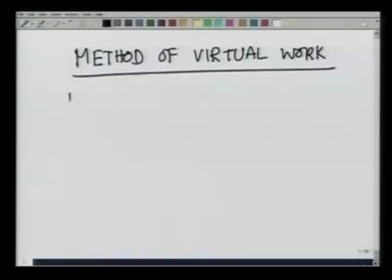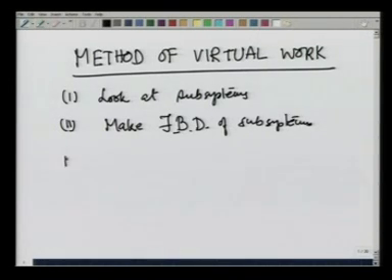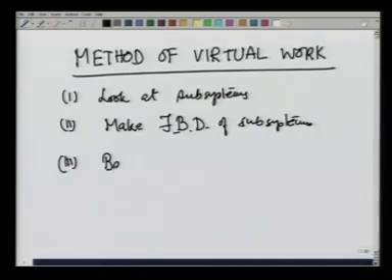Our strategy in those cases was to look at subsystems and make a free body diagram of the subsystems, replacing the constraints or the forces applied by others, or the contact with other subsystems, by the forces applied by them, and balance all forces and torques.